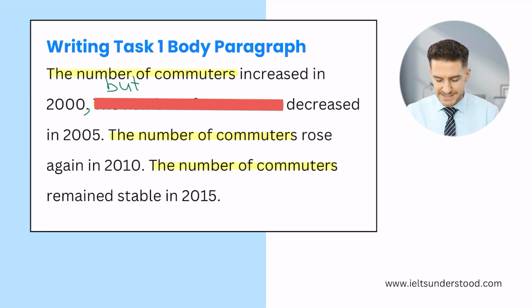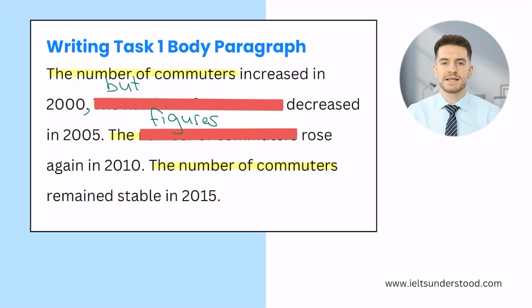Now let's look at that second sentence, which also has the number of commuters. So instead of saying that, we could remove this and we could say something like the figures. Okay, the figures just means the numbers or the data or the information. So the figures rose again in 2010.